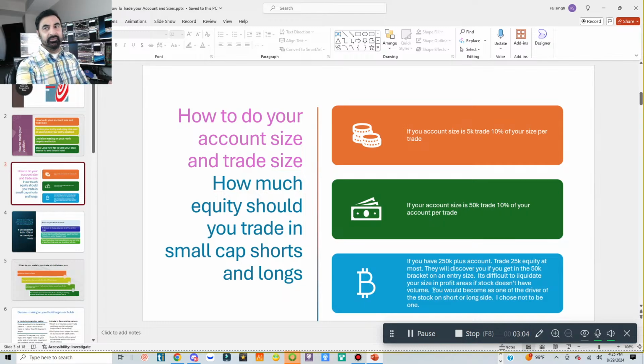So you would become one of the drivers of the stock on the short or long side. If you happen to get in a trade which is only 600K and you jumped in with 50,000 shares, you're going to drive it. And I choose not to be one of the drivers. It's more fun to be the backseat driver, or just going along for the ride. And that's a lot more fun.